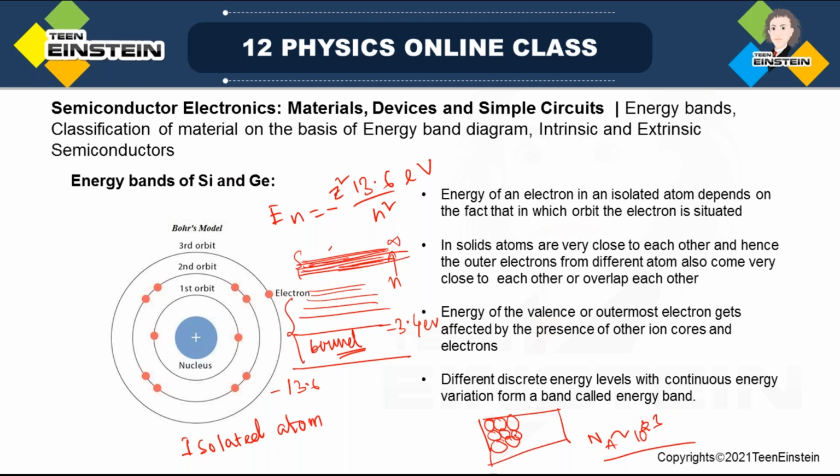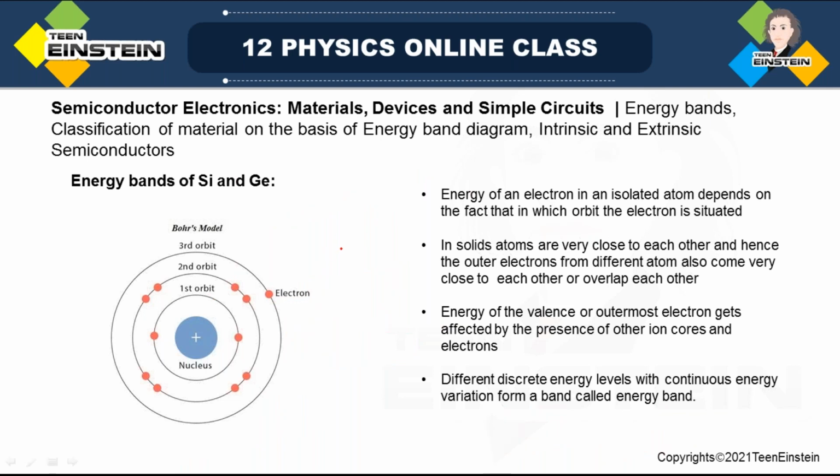Okay, and when various atoms come close together, then what happens? The energy of the valence electron of an atom actually gets affected by the presence of all other atoms. Suppose this is one atom.